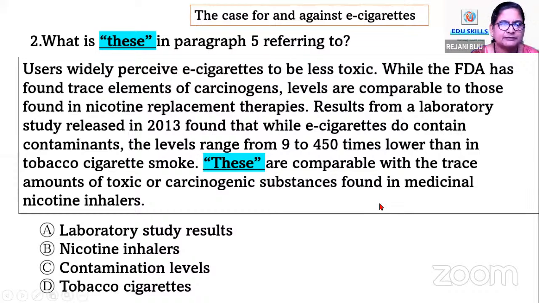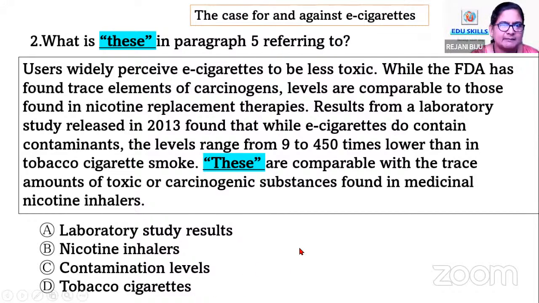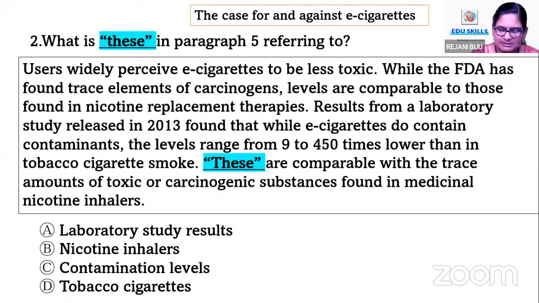It is after the reference word. Next it is tobacco cigarettes. Is it given? E-cigarette is given, but tobacco cigarette is not mentioned. Cigarette, that is not the answer. Can we jump to the next one? Yes, ma'am. I think you are interested now. You got the idea, right?